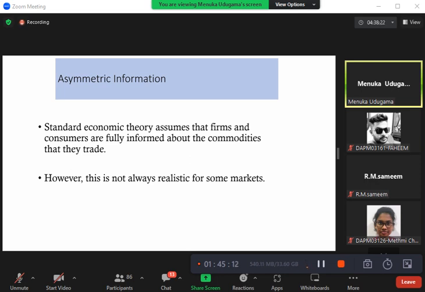What do we mean by asymmetric or imbalanced, or information that is not the same for all parties? For example, the market, right? There are buyers and sellers in the market. Sellers usually have more information. If you take a supermarket, the seller or the grocer has more information than the buyer, right?